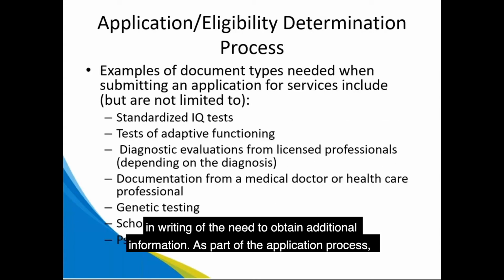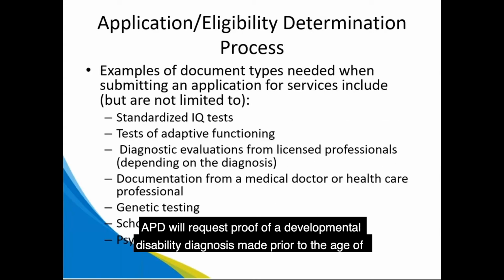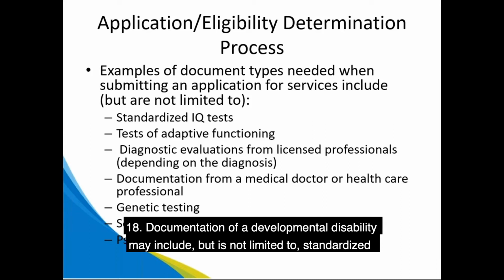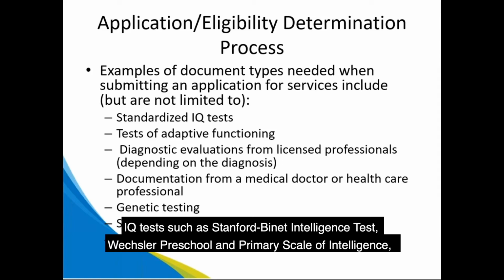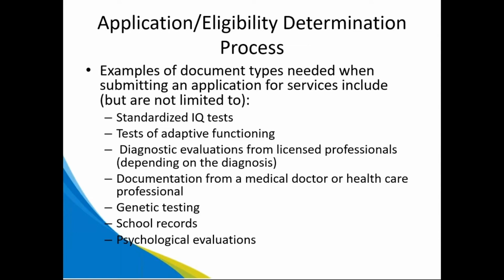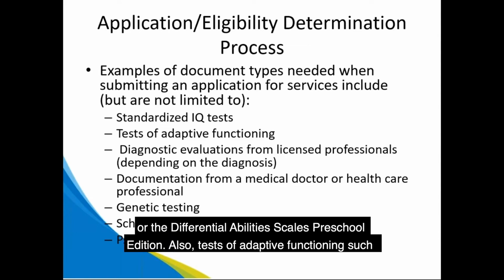As part of the application process, APD will request proof of a developmental disability diagnosis made prior to the age of 18. Documentation of a developmental disability may include, but is not limited to, standardized IQ tests, such as Stanford Binet Intelligence Test, Wechsler Preschool and Primary Scale of Intelligence, or the Differential Ability Scales Preschool Edition.